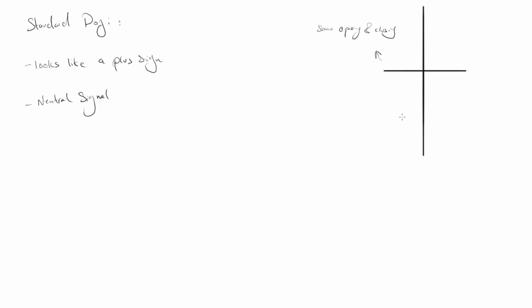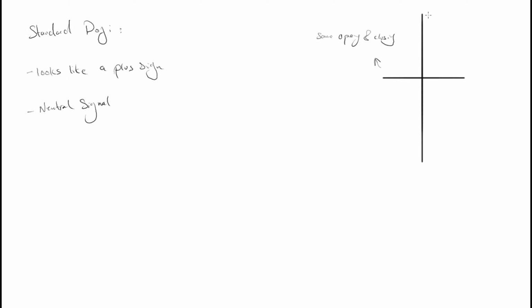A doji pattern is shaped like a plus sign or cross, and the lengths of the horizontal and vertical lines of a doji vary depending on the opening price, the high, the low, and the closing price of it. As seen in this image, we have the standard doji, which resembles a plus sign or cross symbol. The upper tip of the vertical line of the doji represents the highest price of the security for the day, and the bottom tip represents the lowest price for the day.